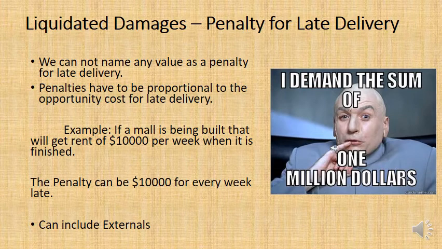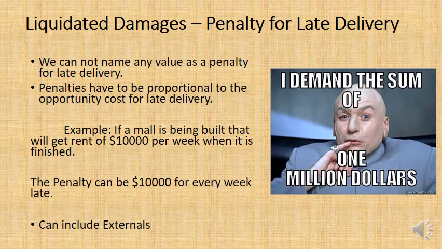But because of poor quality of work, it only produces 24.5 megawatts. That means you're losing 500 kilowatts of power, and so there's less money for you as the Ministry of Electricity. Well, you could charge a penalty that is proportional to the lost opportunity of having 25 megawatts. So those are types of liquidated damages.